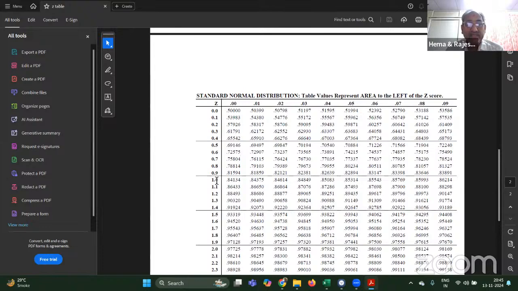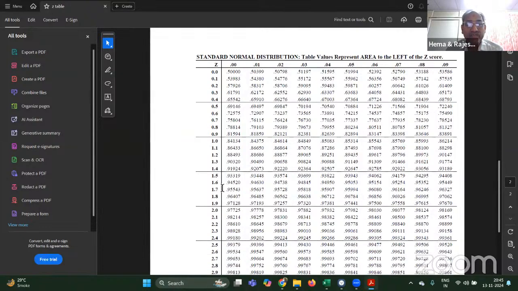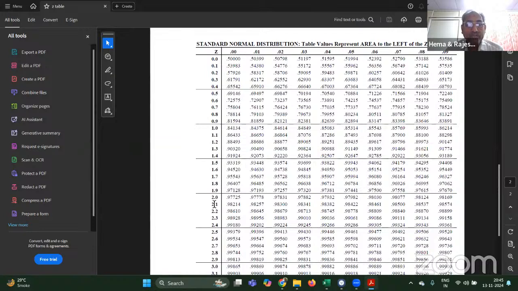Usually when we say two standard deviations away, Z is equal to 2, and you look at the area under the curve. Exactly 1.96, if you want to see: 1.9 over here and 0.06 over here.